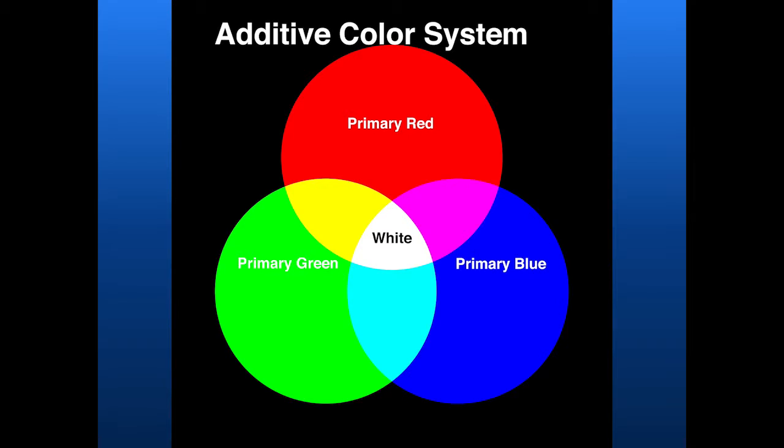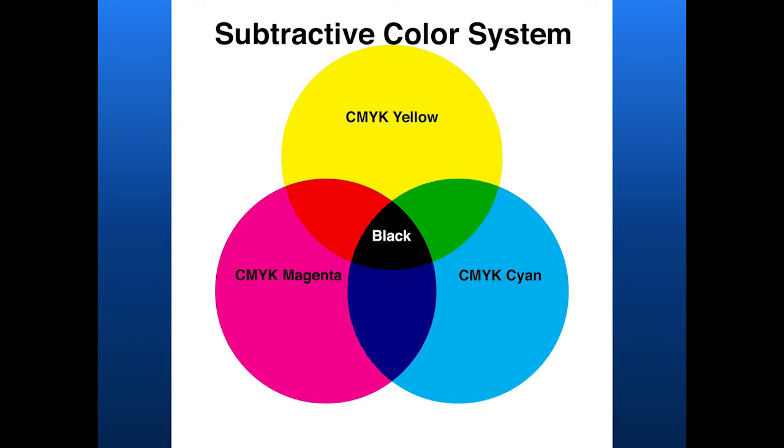So the more you add, the brighter it gets. The subtractive color system would be like the CMYK system: cyan, magenta, yellow, and black. Black is what you get when you add them all together, and that's because the subtractive color system absorbs light rays, and the more color you put on, the darker it gets.